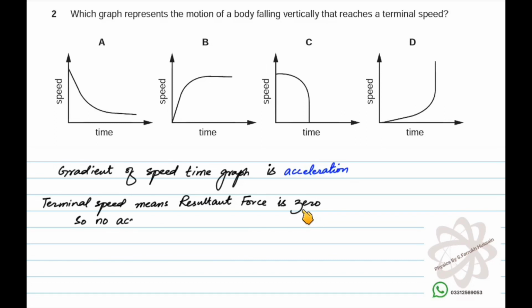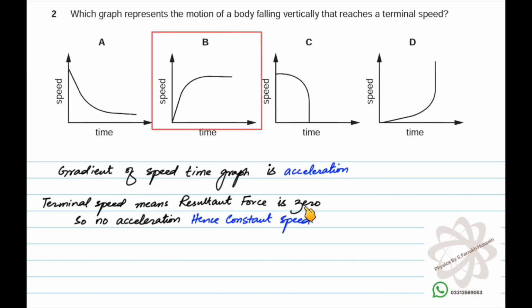And if there is no resultant force acting on the object, according to Newton's law, there will be no acceleration produced. And acceleration means change in velocity per unit time. So if there is no acceleration, there will be no change in velocity, so there will be no change in speed. It means the object will fall with a constant speed.